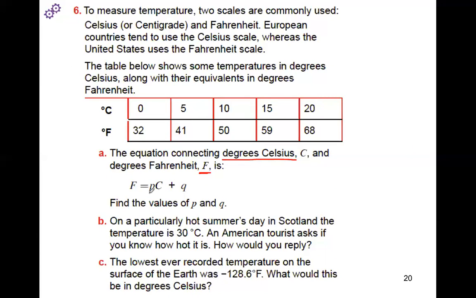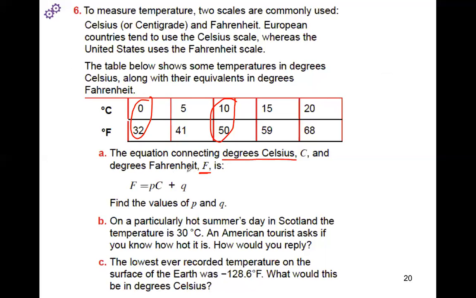So a couple of ways of getting those. If you wanted to draw the line by just getting a couple of points and draw the line, that's one way of doing it. The other way is to pick 2 points. So let's say if we pick 0, 32, and 10 and 50, for example.